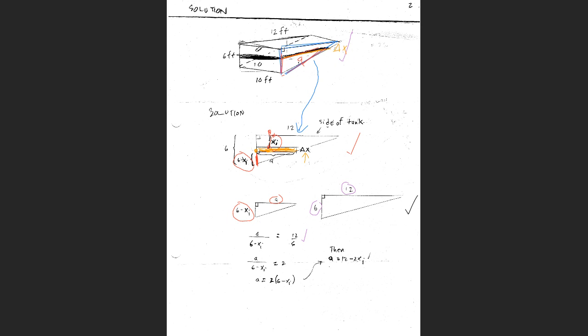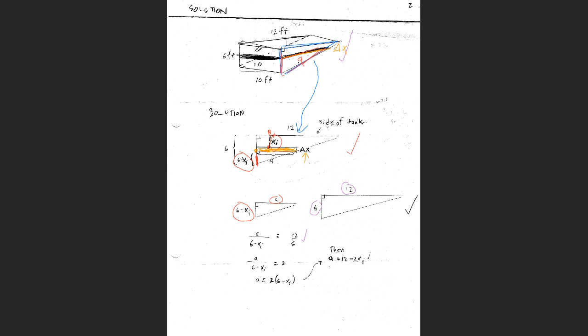Okay, Clea, yes? Professor, as far as I remember, when we do the proportion with similar triangles, isn't it supposed to be A over 12 equals 6 over 6 minus x sub i? Well, you could do that too.